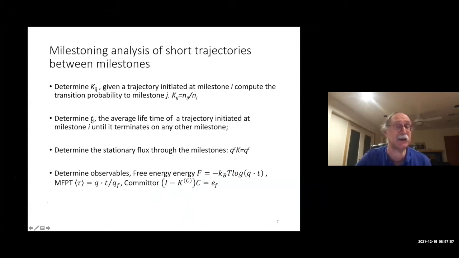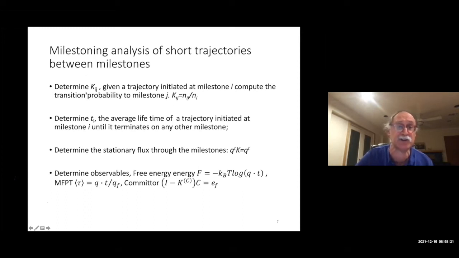We also estimate the so-called Ti, which is the average lifetime of a trajectory initiated at a milestone. We have multiple trajectories getting out from a particular milestone. Some of them live long, some of them die very quickly because they terminate on another milestone in another position. We average over all these times, and we get the lifetime of a milestone, regardless of which milestones they finally terminate in.